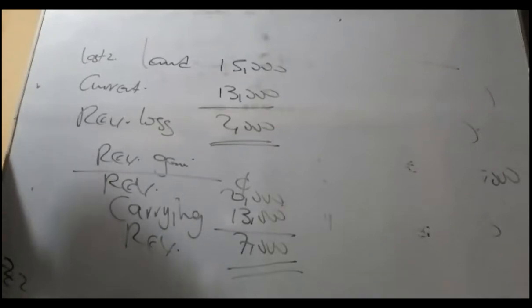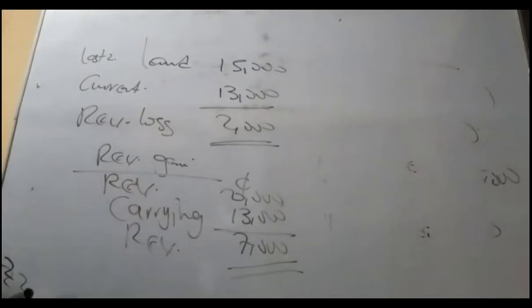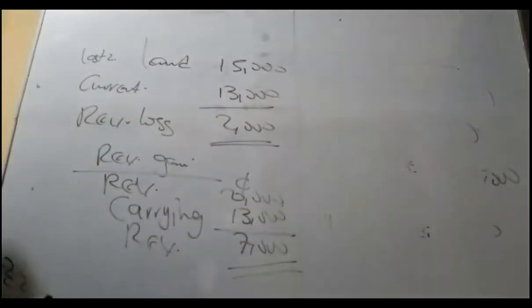We said that anytime there's a revaluation gain, first, you add it to the asset carrying amount. Second, the gain must be recorded in the OCI except where there's what? A previous loss. And here too, there's a previous loss.